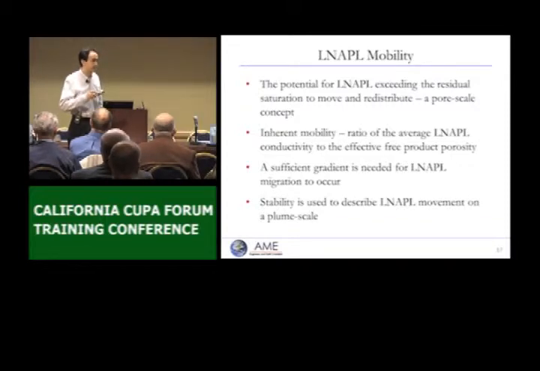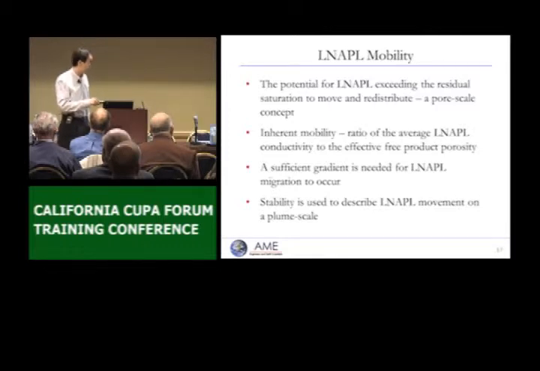If you divide that by the porosity of the soil, you will have a seepage velocity. So this thing here is quite similar. This is like water conductivity divided by water porosity. It's just different in this case for oil. Anyway, it's a concept that a lot of people use in their calculations and research.